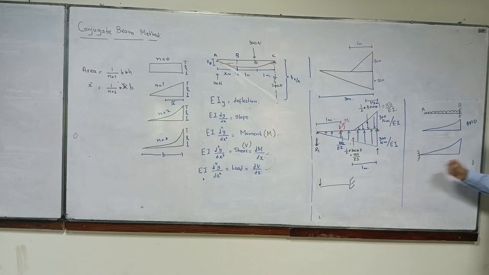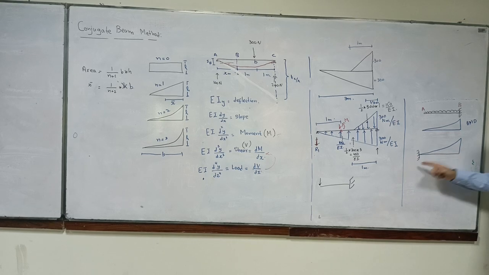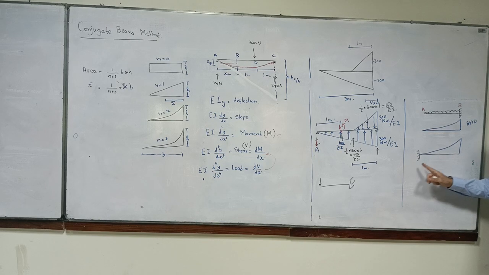And I would have zero moment at this point. Having finite moment means that there would be a deflection at this point, and having zero moment over here would mean zero deflection, which is true in this case.